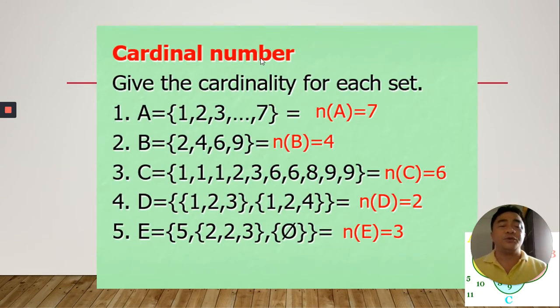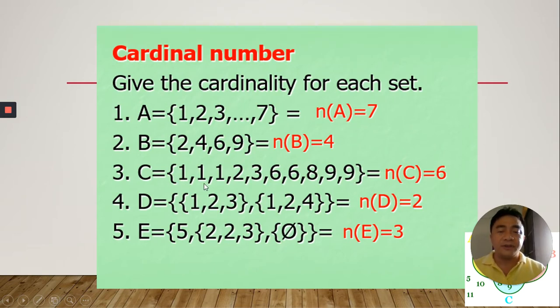For cardinality, if you remember, you only count the number of elements, right? How many elements are there inside, that will be the cardinality. But for this one, you will only count this as once, like 1, 2, 3, 4, 5, 6. So you have 6 there.